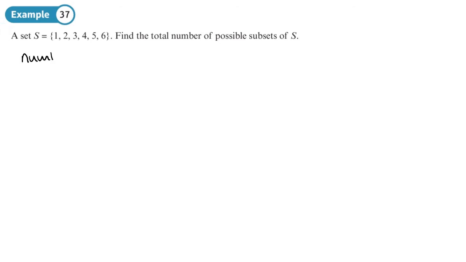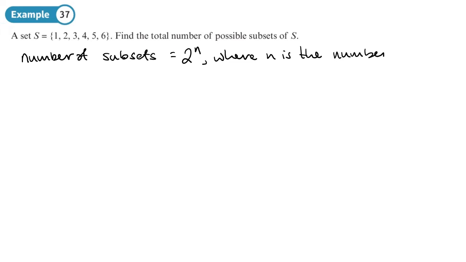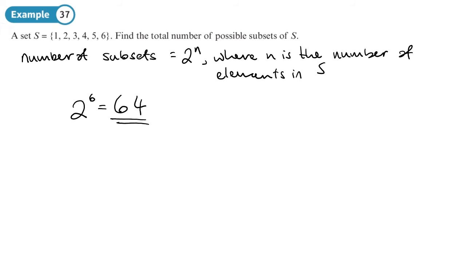So the number of subsets, this includes the set itself, which is all of the elements, and the empty set, is 2 to the power n, where n is the number of elements in the set, and in this case is S. So all we need to do is 2 to the power, and we've got 6 elements, 2 to the power 6, which is 64. So there are 64 subsets of this set here.